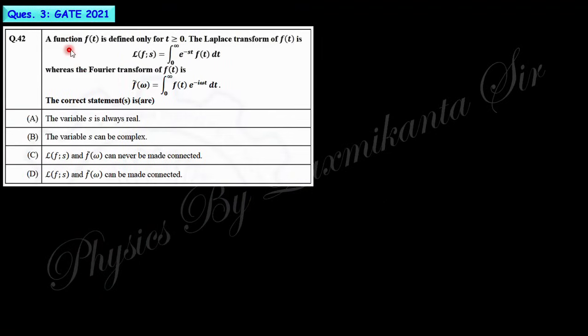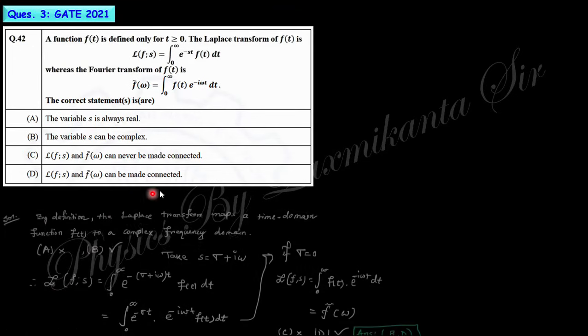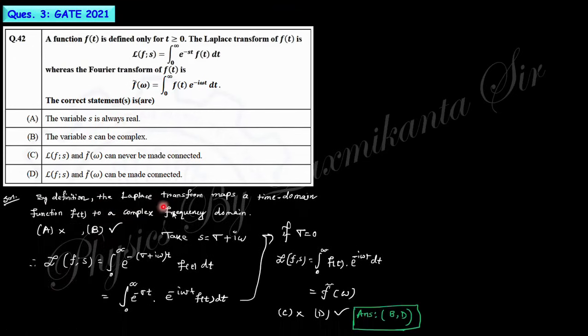Next question says, a function f of t is defined; this is the Laplace transformation, whereas the Fourier transformation is this one. Which ones are correct? Actually, by definition of Laplace transformation, the transformed variable is in the complex domain. So this is always real, this is not correct. Complex is correct. So option B is correct. Then this can never be connected and can be connected.